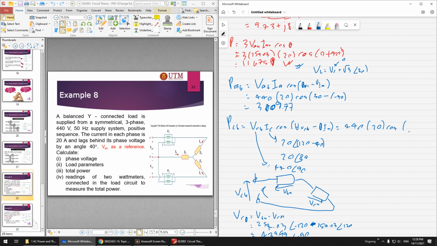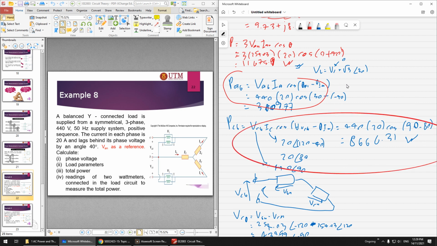Theta V is 90 minus 80. So 8666.31. So you have P_AB and P_CB.